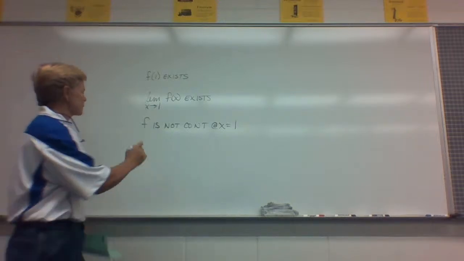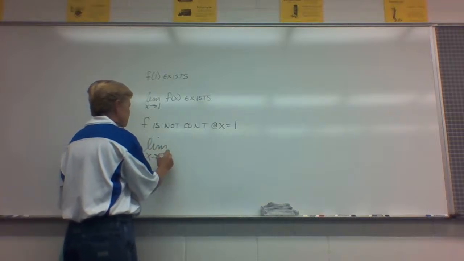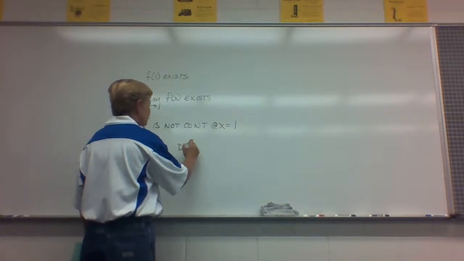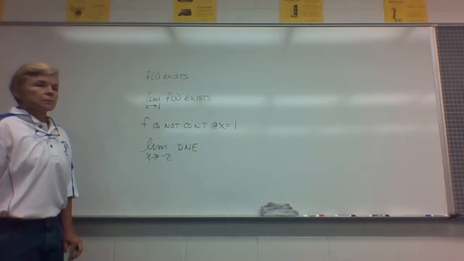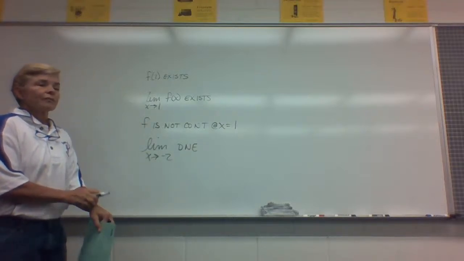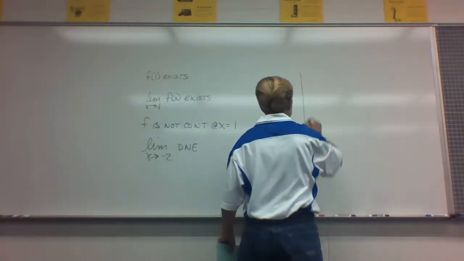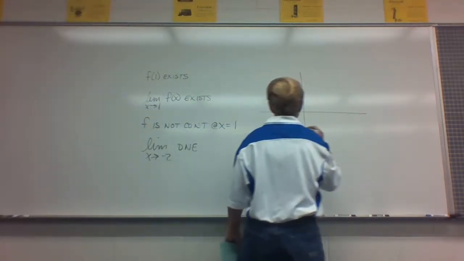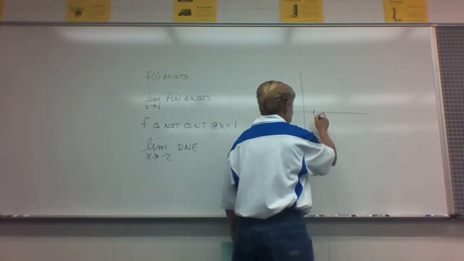And the limit as x approaches -2 does not exist. These are the 4 types of things you have to meet, 4 types of things that have to be expressed in your graph. So the 2 important points seem to be at -2 and at 1.